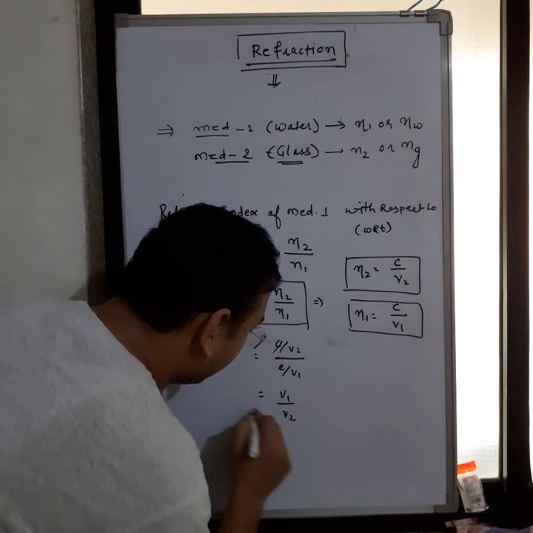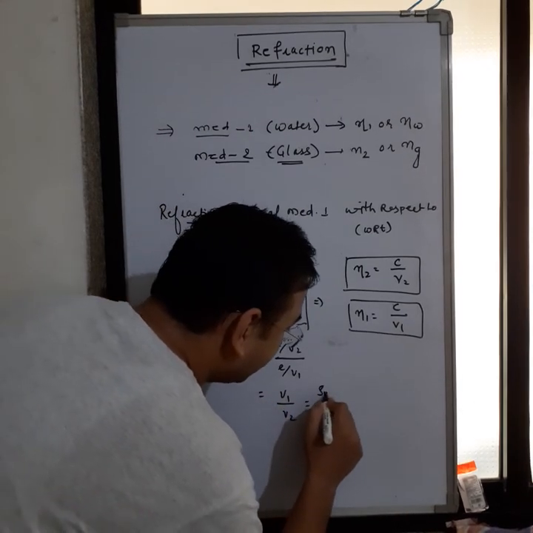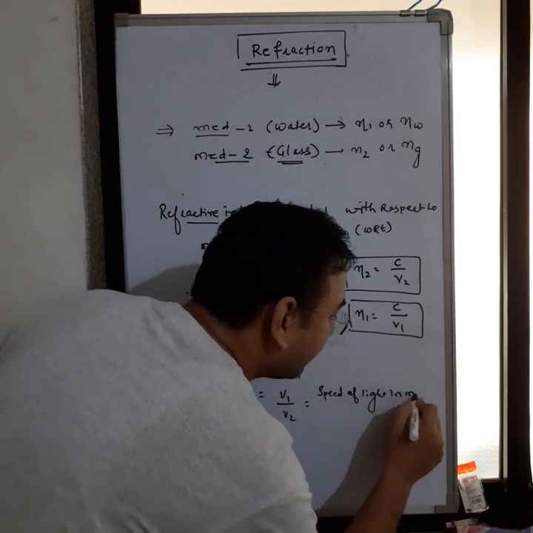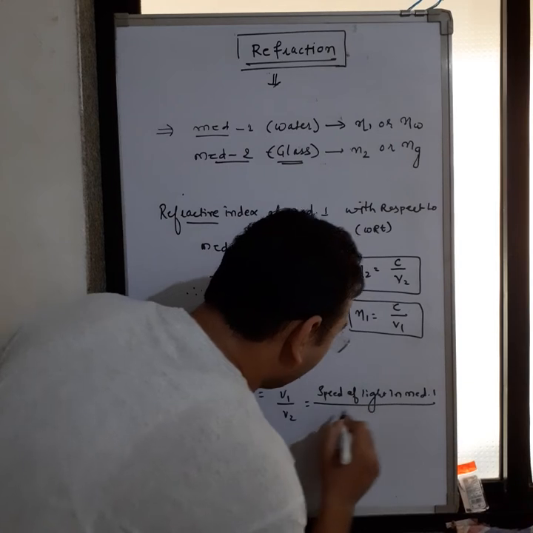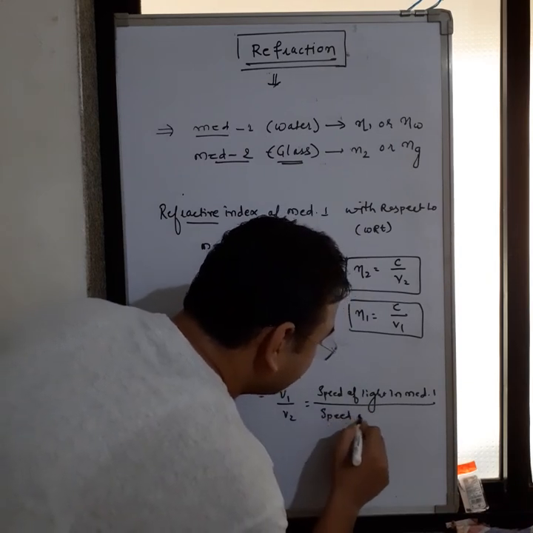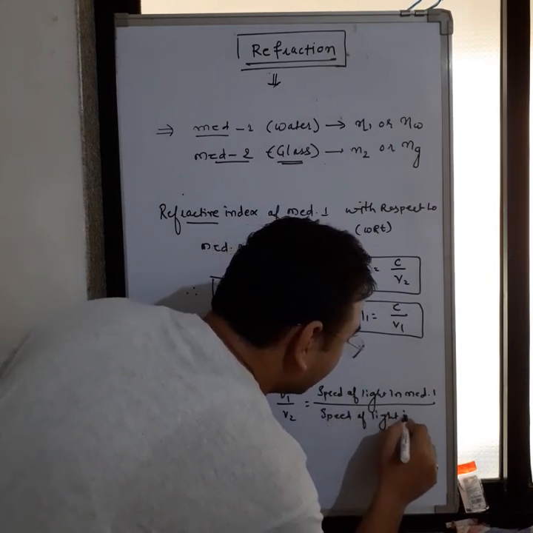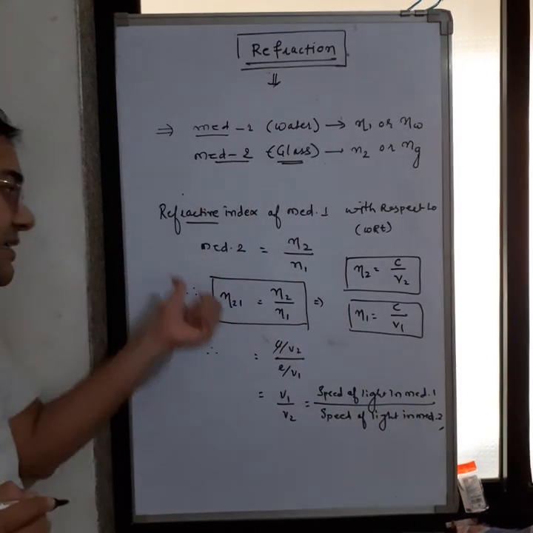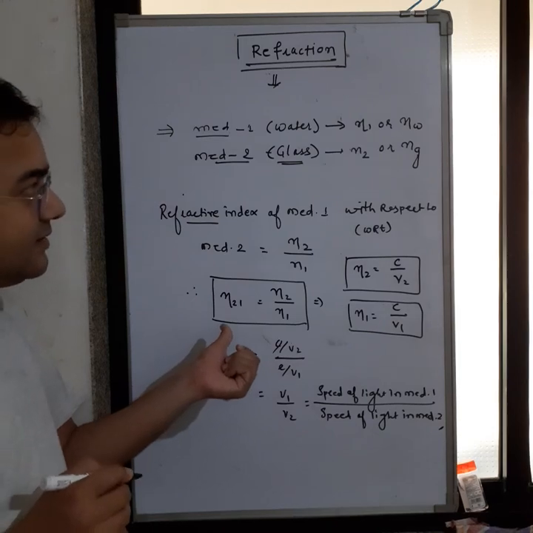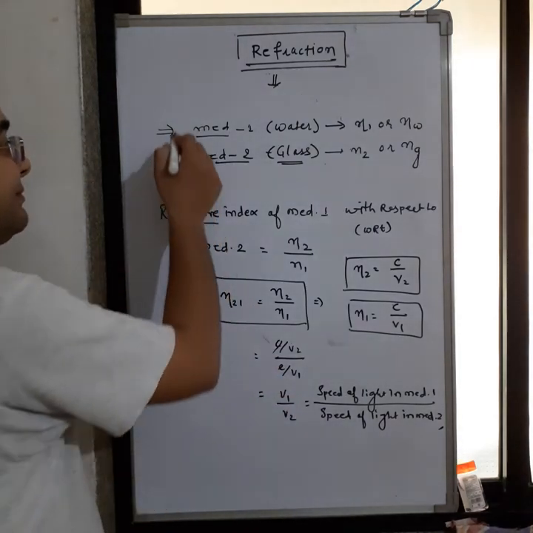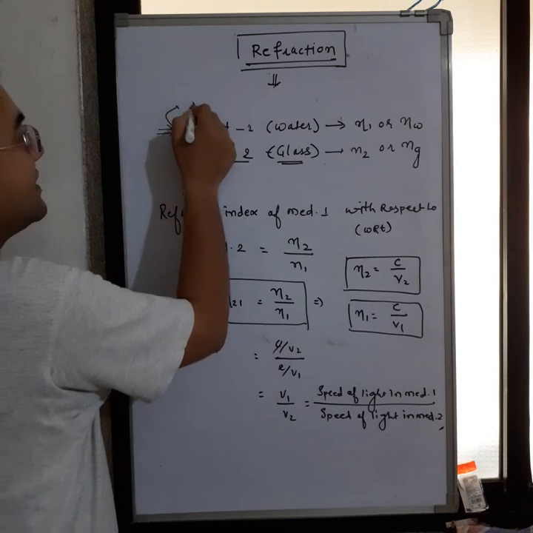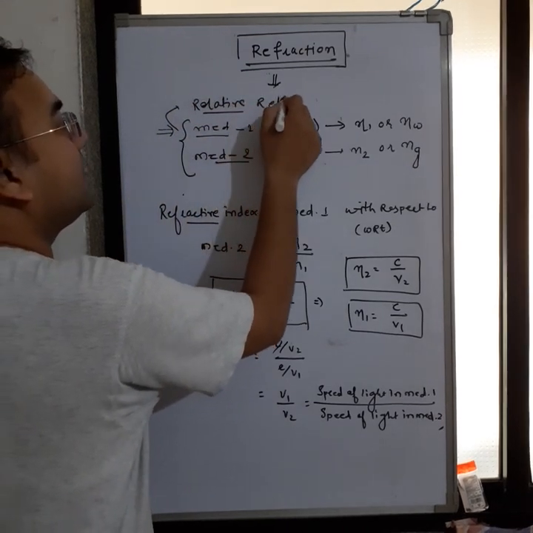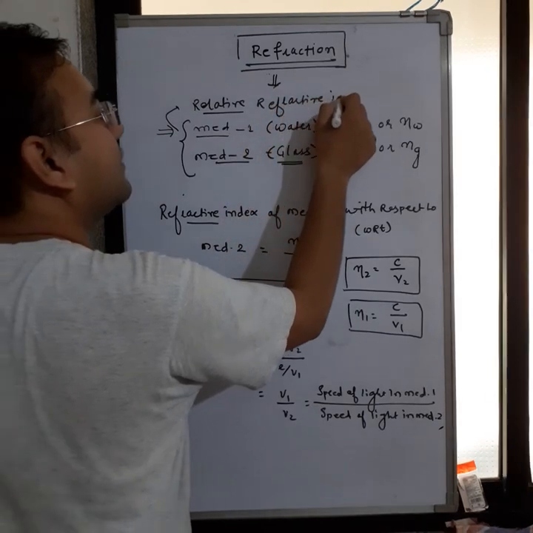So V1 upon V2 is the speed of light in medium 1 upon the speed of light in medium 2. So when we compare the refractive index of two mediums, it is known as the relative refractive index.